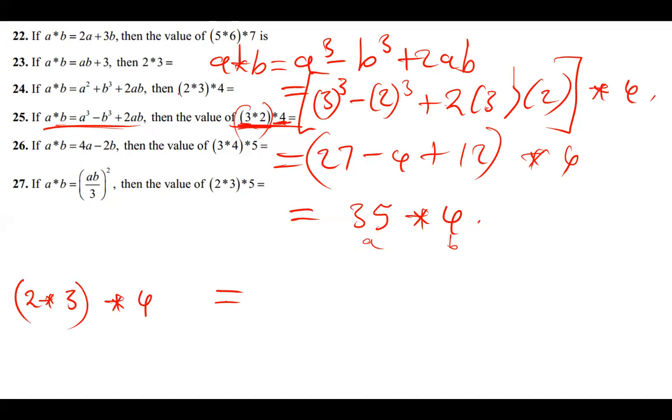So what is A? I'm going to put 35 there to the power 3. Then plus what is B? I'm putting 4 to the power 3, of course. Oh, this is a minus, not a plus.